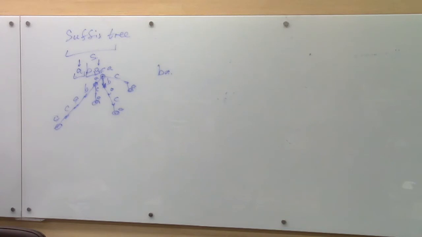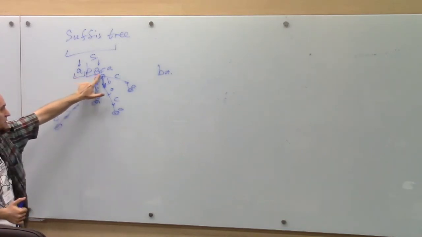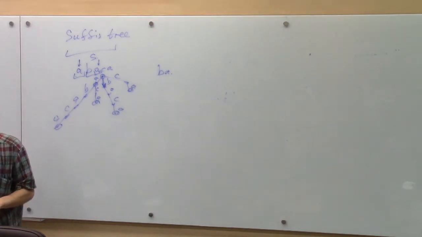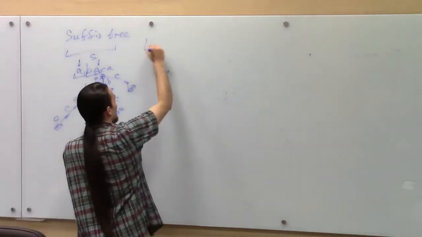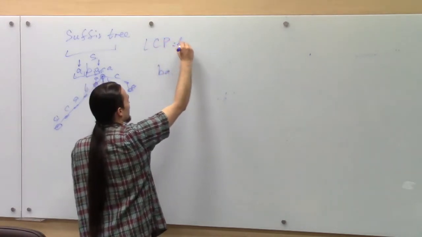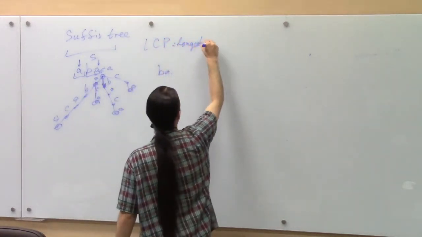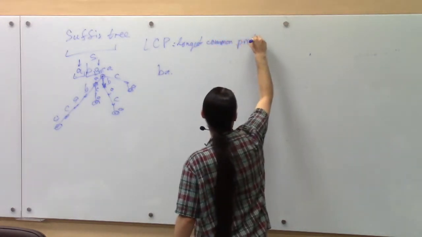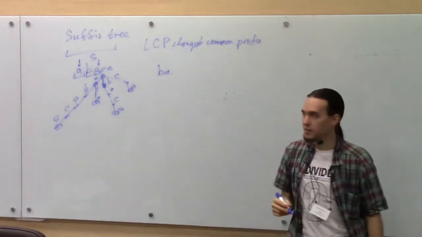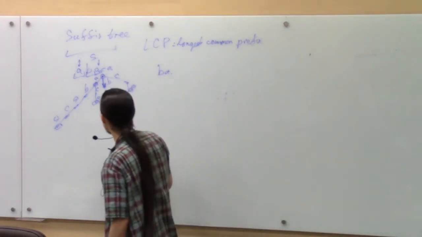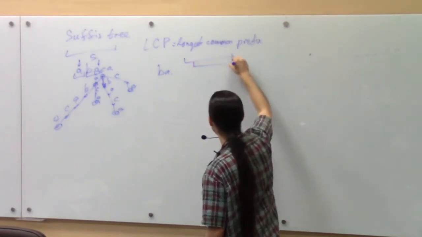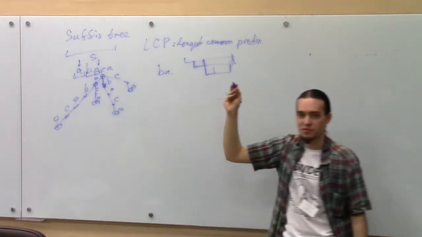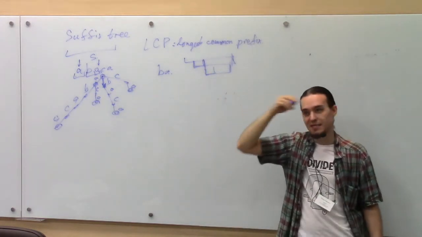Okay, so here if you start from this position and this, then we can have only one comparison that matches. Okay, so this problem is called LCP, which stands for longest common prefix, and that is because we are considering basically two suffixes of the string and we are looking for their longest common prefix. Okay, makes sense?